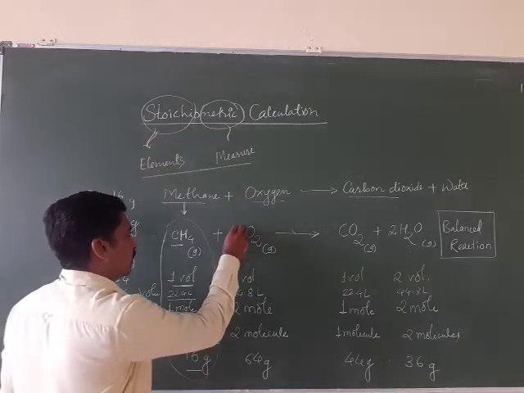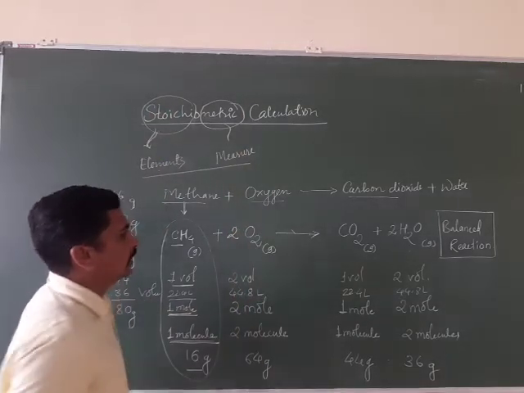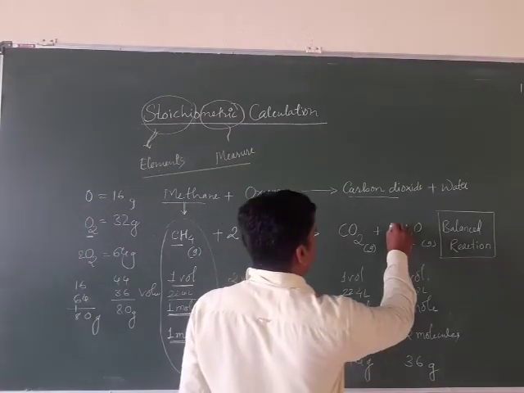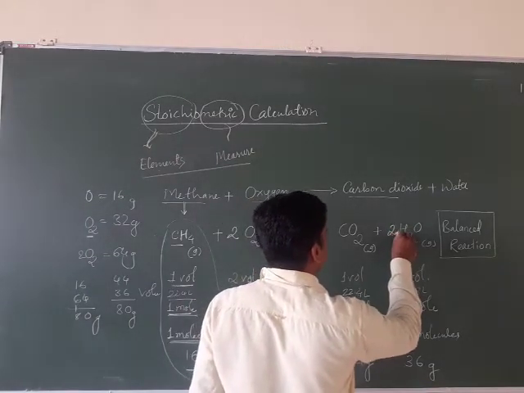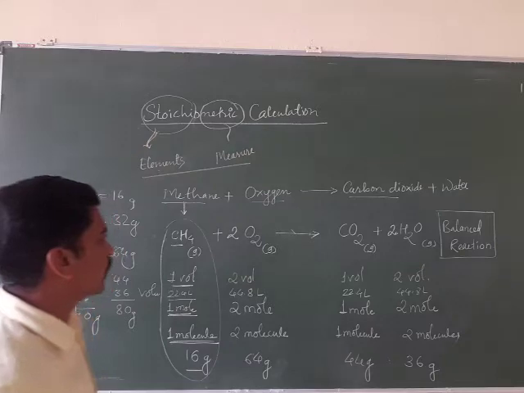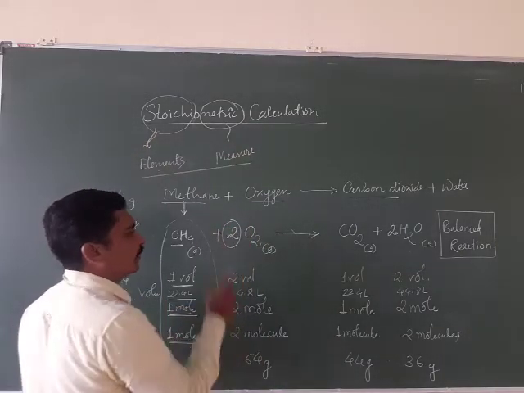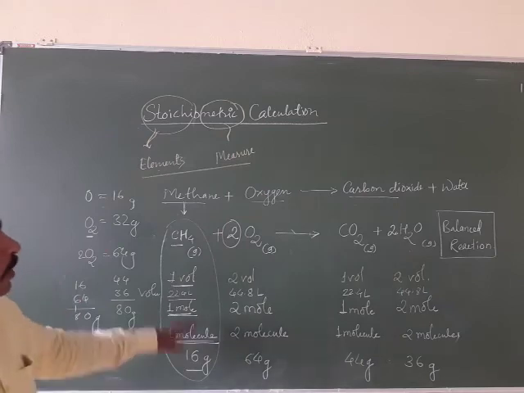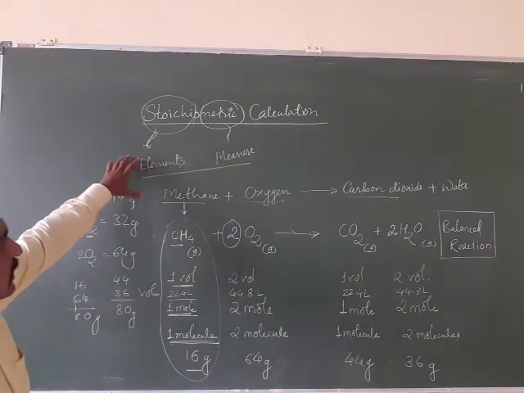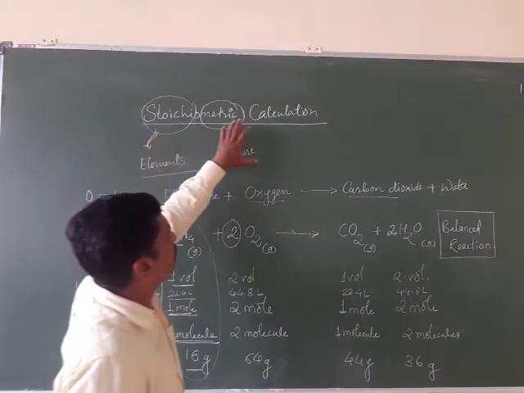And the numbers which are written in front of the molecular formula are called stoichiometric coefficients. So this is regarding the stoichiometric calculation.